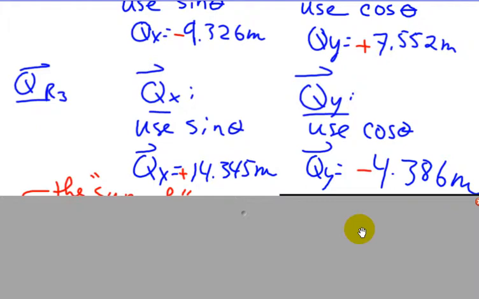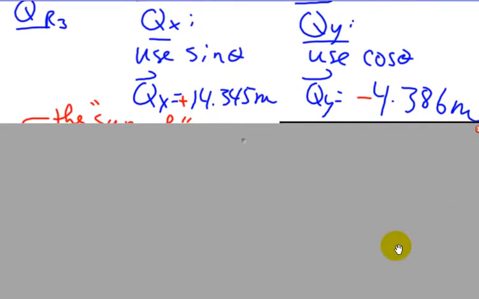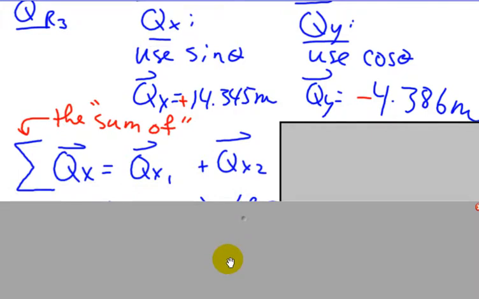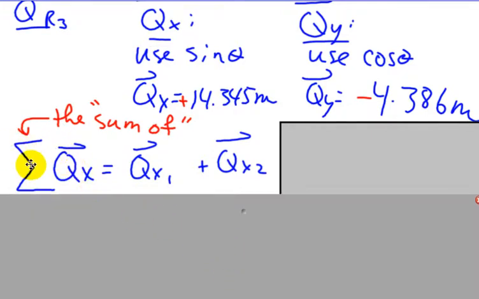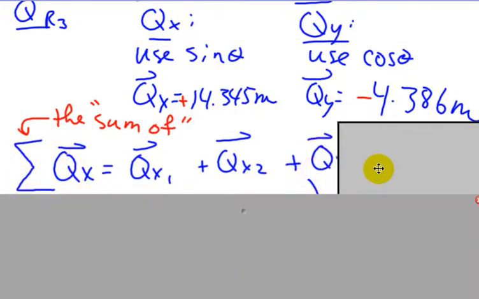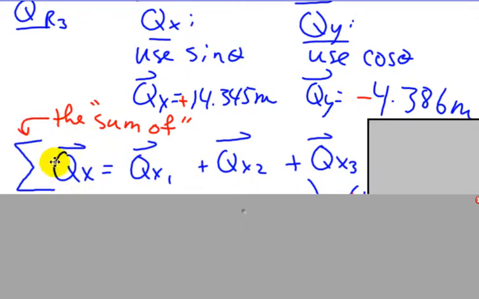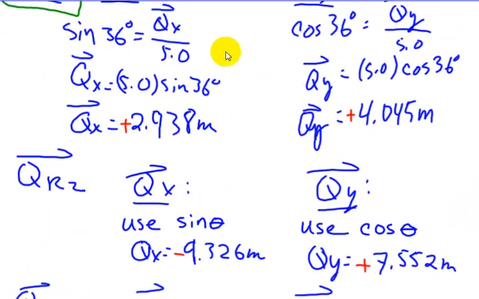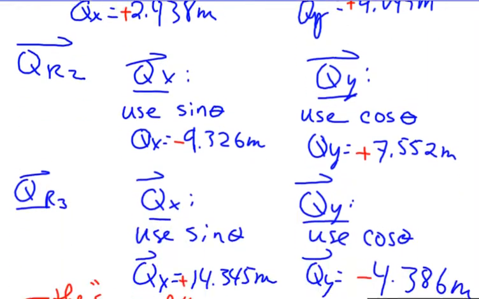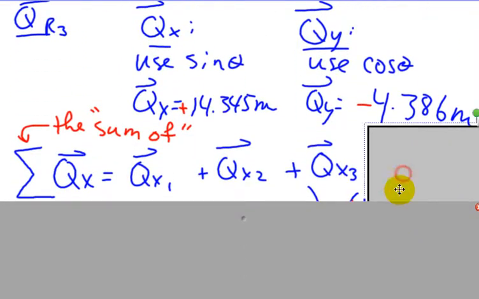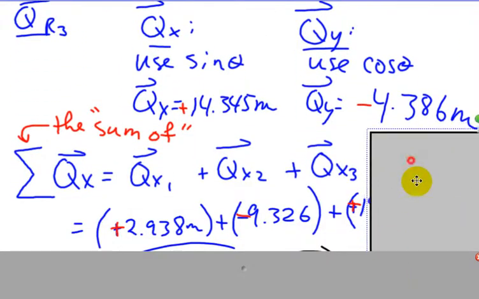Okay, so we've broken every vector down into vertical and horizontal movements. The next thing is to add up all the vertical movements, all the horizontal movements, using this. So this uses the sigma here just for notation, summing up or adding up all of the qx movements. So qx1, qx2, qx3. So basically all of these ones that I did over here, the 2.938, the negative 9.326, etc. So you can see I've just simply done that.